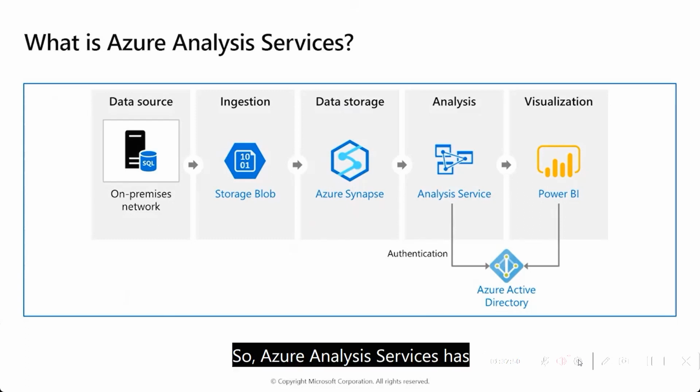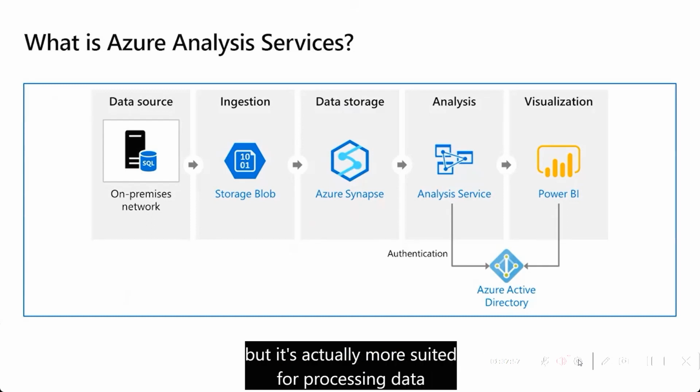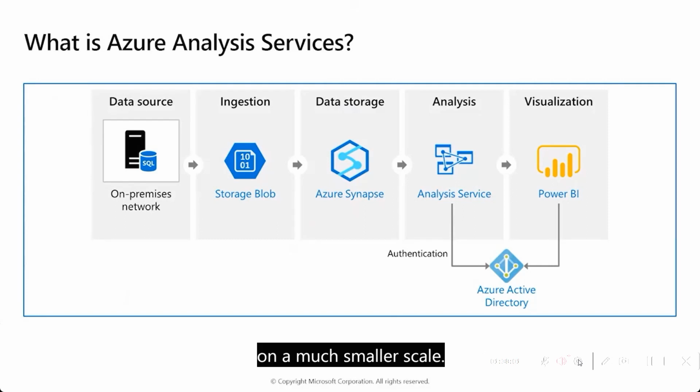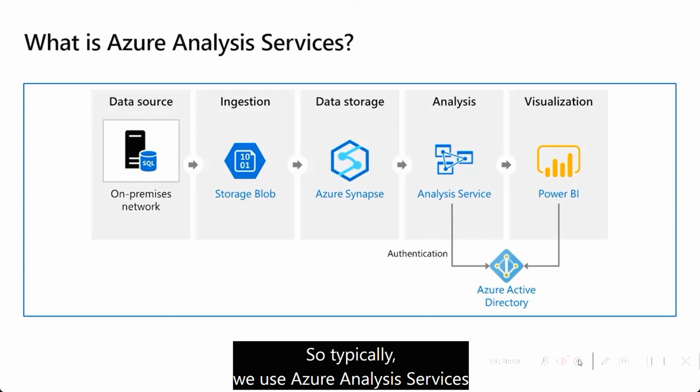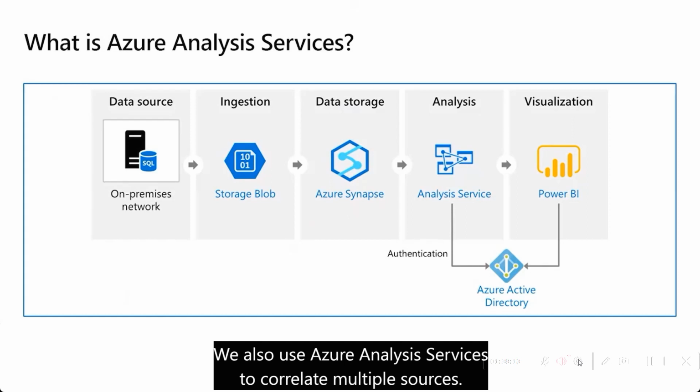Azure Analysis Services has a bit of overlap with Azure Synapse Analytics, but it's actually more suited for processing data on a much smaller scale. Typically we use Azure Analysis Services for small volumes of data, a couple of terabytes, for example. We also use it to correlate multiple sources.